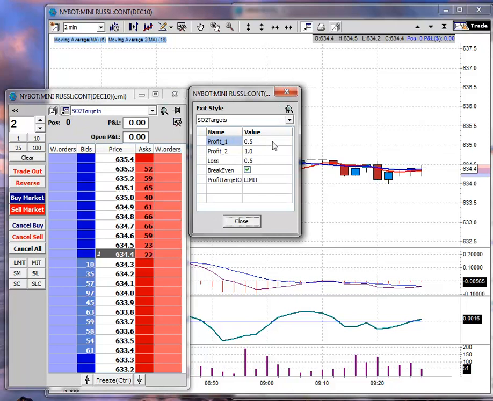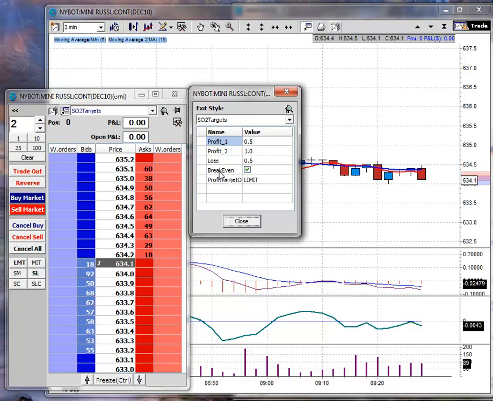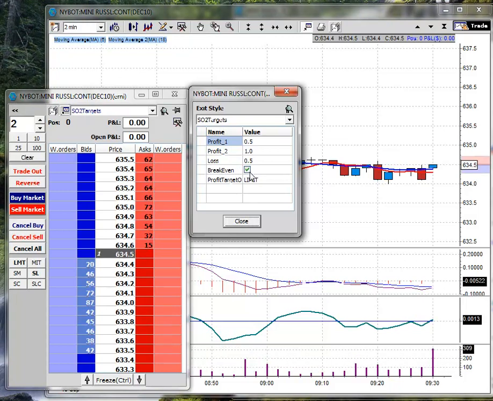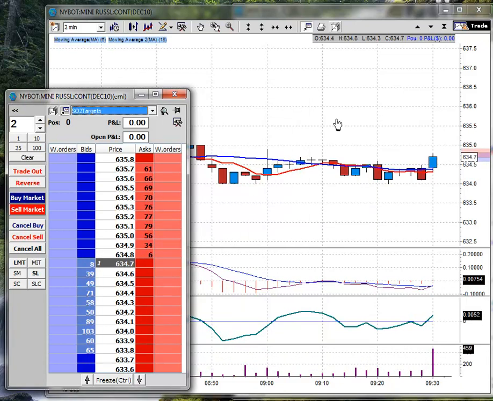For the Russell, I've got a half point for the first profit target, or 5 ticks, and 10 ticks for the second profit target, or 1 point. I've got a stop loss of a half point, and break even is checked, which means when my first profit target is filled, it moves my stop loss to break even. Allows me to secure that profit there.